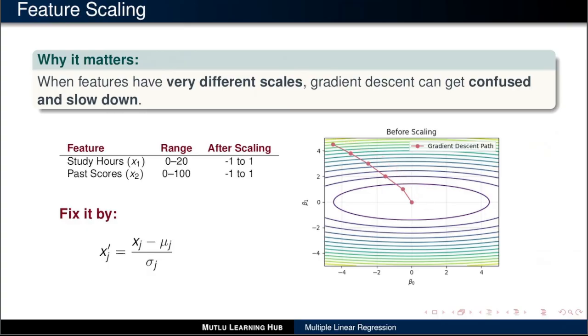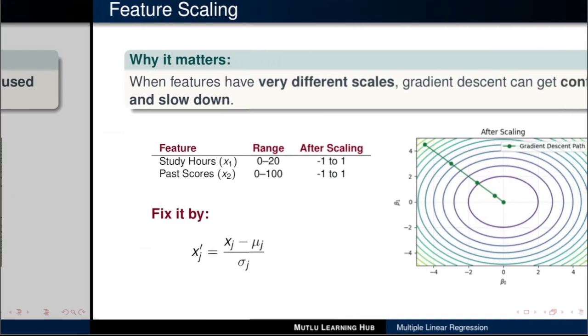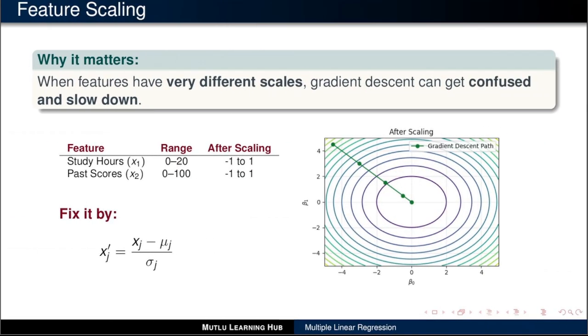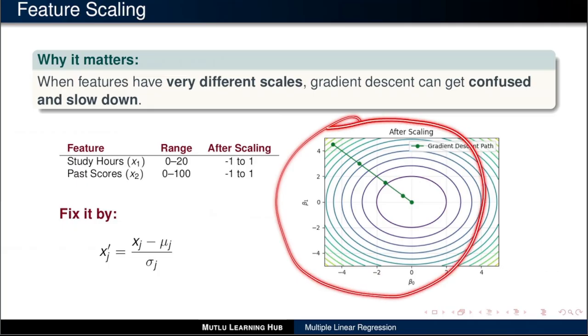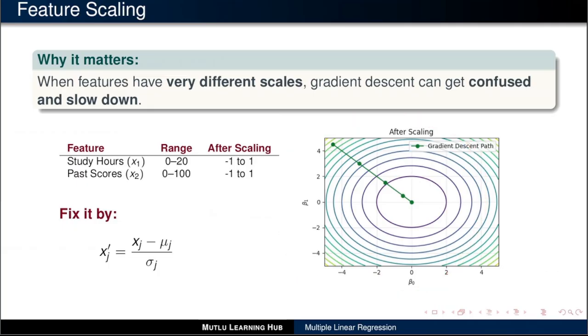To fix that, we standardize each feature by subtracting its mean and dividing by its standard deviation. This brings everything to a similar range, typically -1 to 1. And once we scale our features, the cost function becomes much smoother and gradient descent converges way faster.